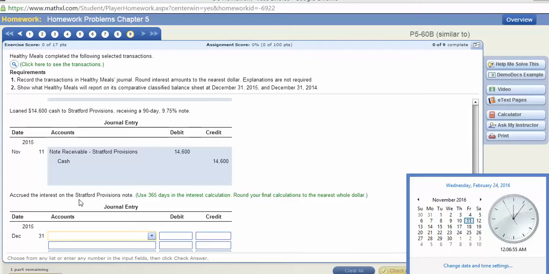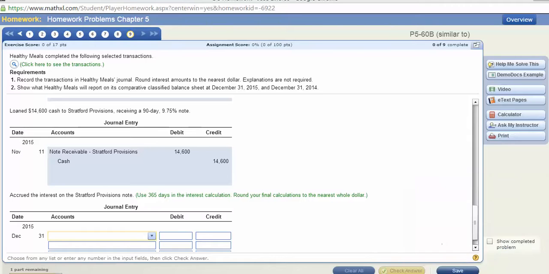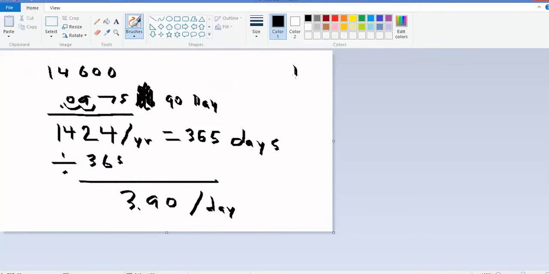Okay, so let's go ahead and count the number of days. This is when the event happened, so let's start counting days. We got 1, 2, 3, 4, 5, 6, 7, 8, 9, 10, 11, 12, 13, 14, 15, 16, 17, 18, 19. Okay, so we have 19 days in November.